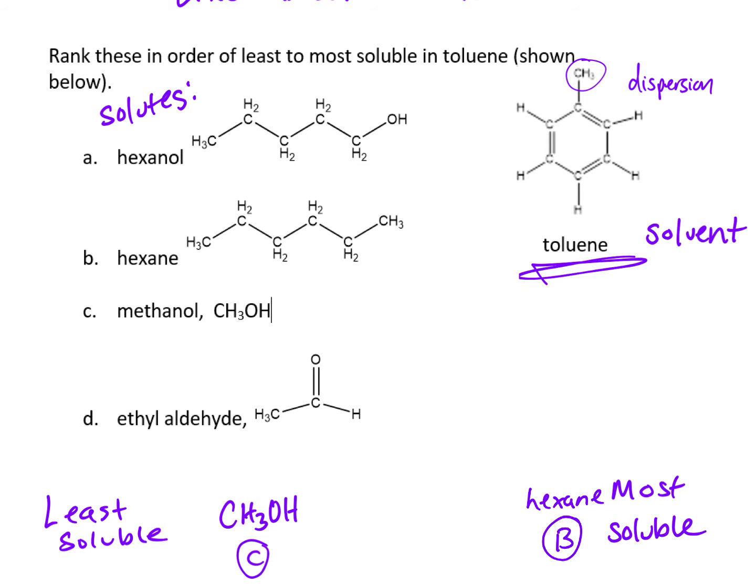So we need to figure out which would be second to least soluble. Let's go from least soluble to most. So which is the next least soluble in toluene? Our options now are ethyl aldehyde and hexanol.